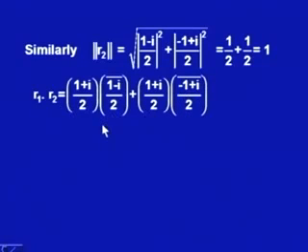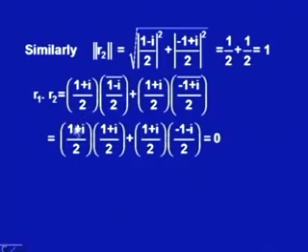When you perform this multiplication, this comes out to be (1+i)/2 and the conjugate of this is (1+i)/2, plus this remains as such, but its conjugate will be −(1−i)/2. So, one can take this minus common and it is (1+i)/2 and (1+i)/2 with negative sign. So, this cancels out with this, and what we have is that the inner product of R1 and R2, that is R1 dot R2, is 0.